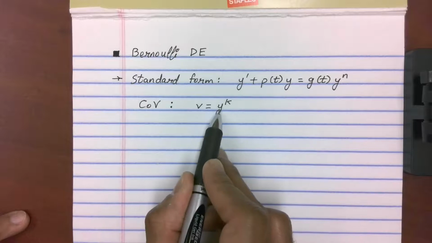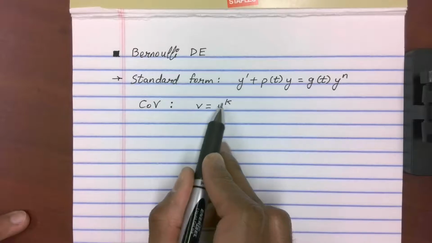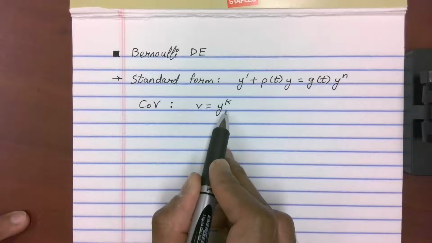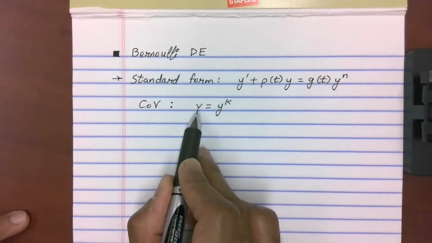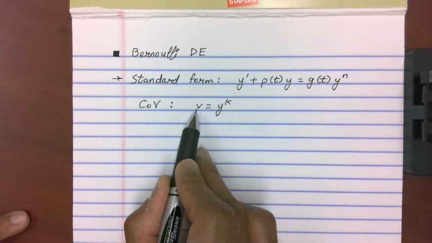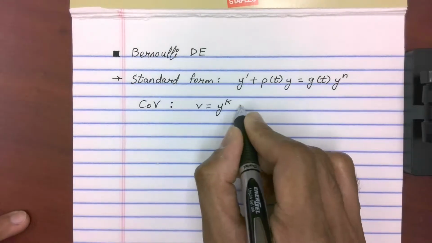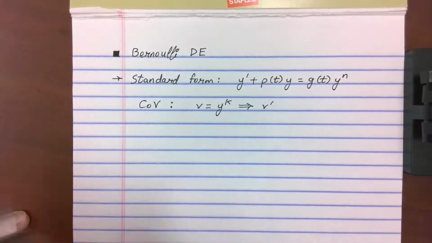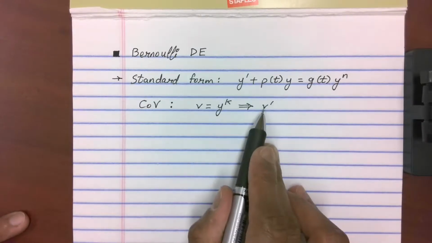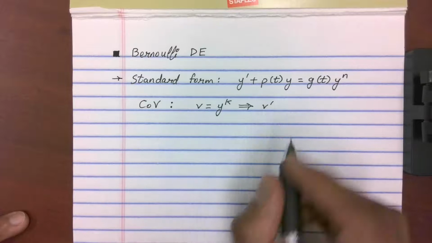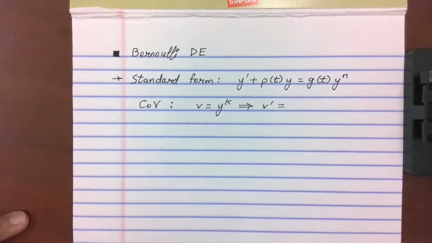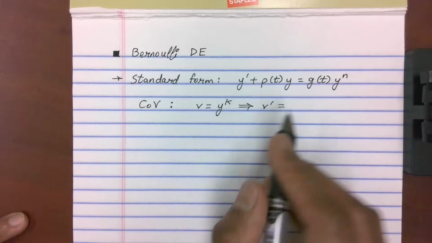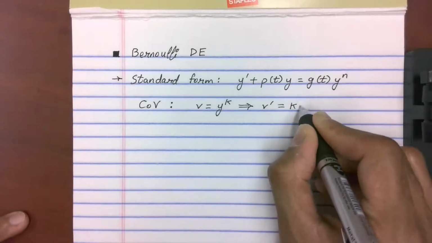Remember, y is a function of t, y to the k is now a function of y, which is a function of t. And so v is also a function of t. So we can differentiate v with respect to t. If I use the prime notation, I'm going to say v prime. So v prime here is the derivative of v with respect to t. If we differentiate both sides, on the right hand side we can simply apply the power rule for differentiation, and we get k times y raised to k minus 1.